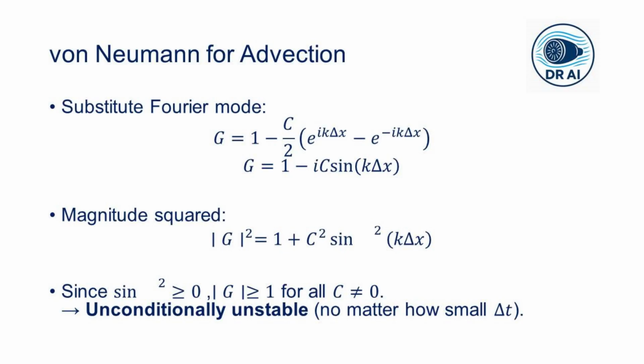So we can simplify and get the amplification factor as G equals 1 minus i (C/2) sin(kΔx), and so the magnitude squared of this amplification factor would be equal to 1 plus C² sin²(kΔx).